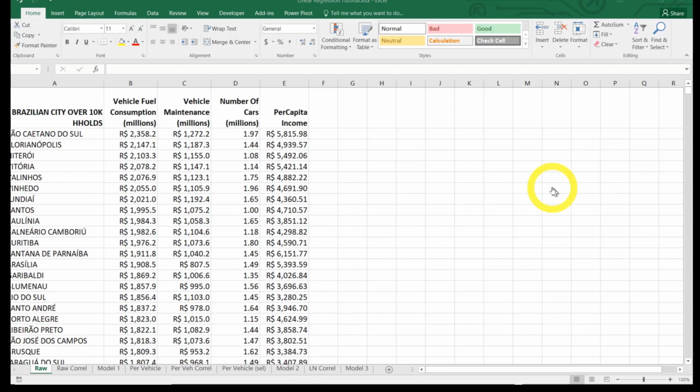The relationship between our dependent variable, fuel consumption, and each one of its predictors, vehicle maintenance, number of cars, or per capita income, can be summarized by a correlation coefficient. This correlation coefficient measures the strength of the relationship between two variables. So, to what extent vehicle maintenance predicts or estimates fuel consumption.